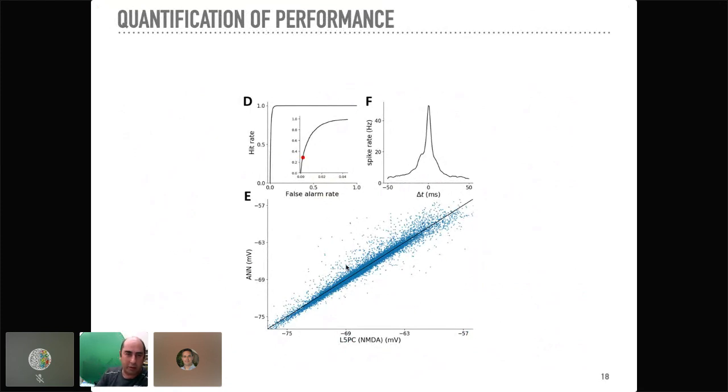If you just want some kind of evaluation, we can make an ROC curve. We can do a cross correlation between the input and the output, and you can see also the membrane potential of the model versus the predicted membrane potential of the network, and it does a very good job on all of these parameters.